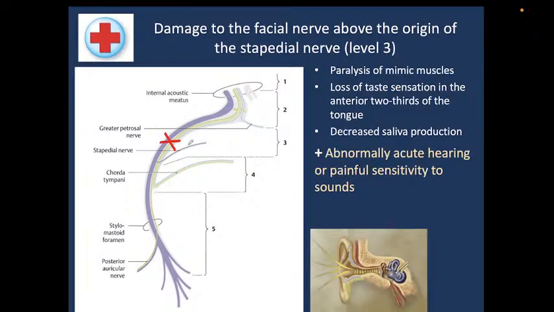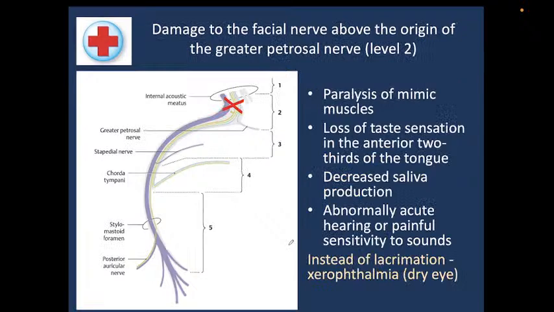Then another level, level number 3, is damage to the facial nerve above the origin of the stapedial nerve. Additional symptoms will be abnormality, acute hearing. Sometimes it is a painful sensitivity of the sounds, and the most difficult damage is damage number 2.